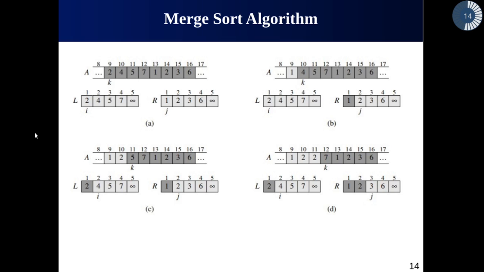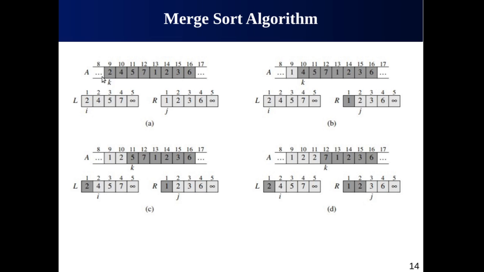So here is an example. We are going to deal with an array which is represented by A, and that is in unsorted form. We are required to sort it out by using the merge procedure.